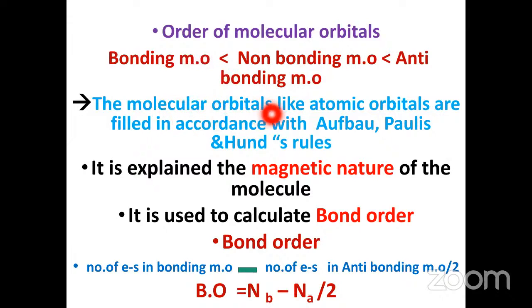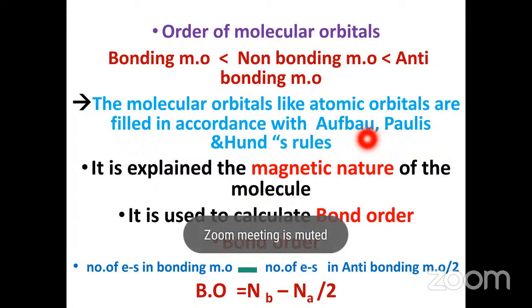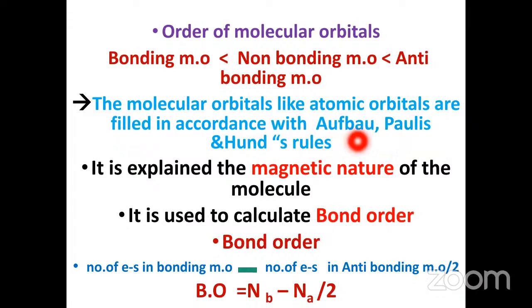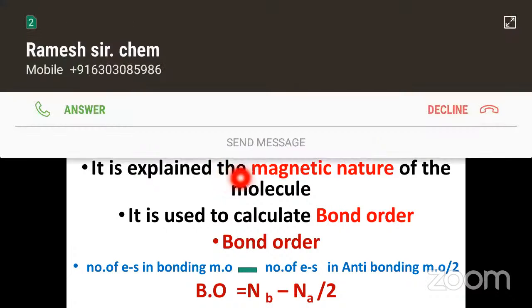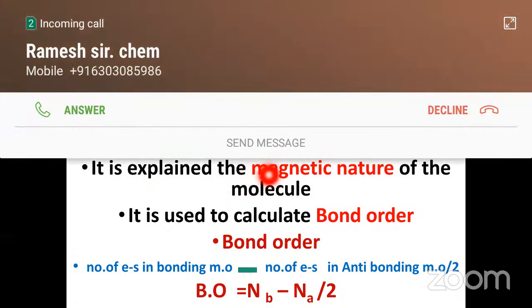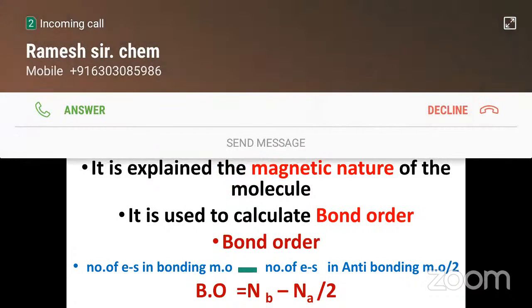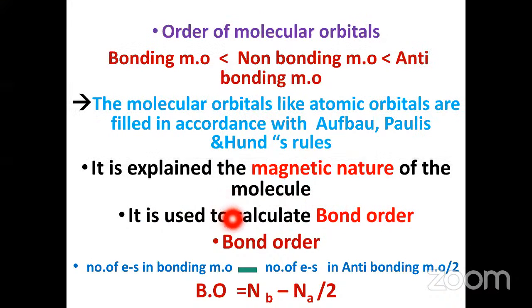The molecular orbitals, like atomic orbitals, are filled in accordance with the rules. The filling gives the nature of the molecule, and it is used to calculate the bond order.